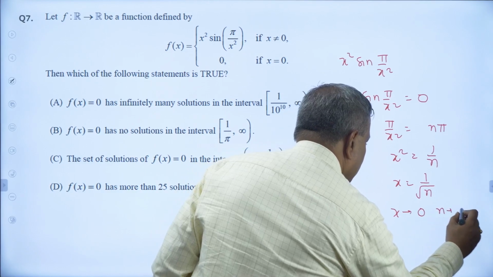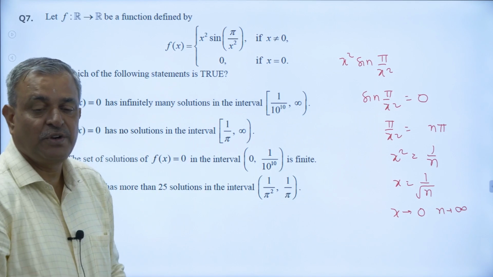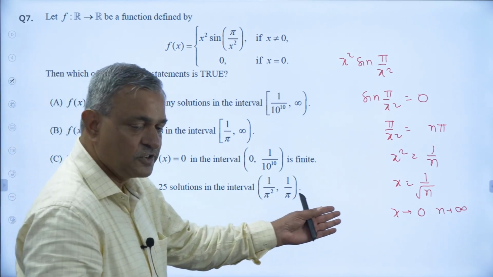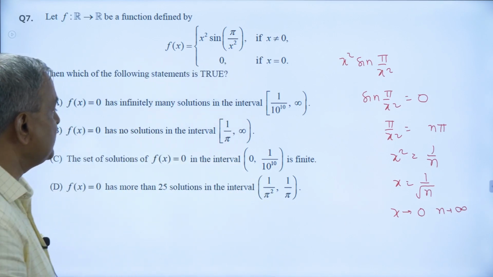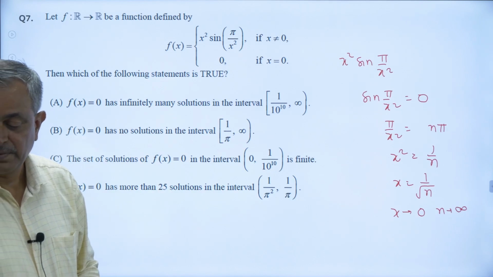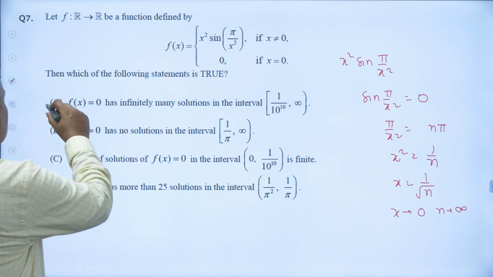So f of x equal to 0 has infinitely many solutions. So option A can be correct. Option A can be correct because infinitely many solutions are possible. Clear? So option A can be possible.